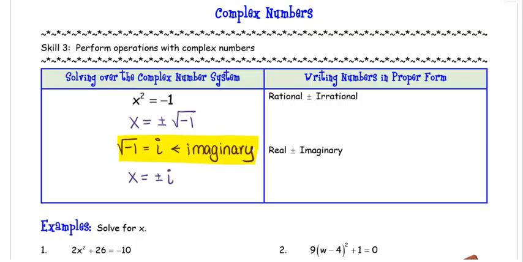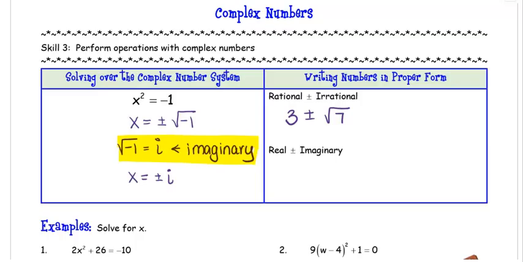Speaking of our answers, I want to go over how we write our answer in proper form. We touched on this a little bit yesterday with the rational and then plus or minus the irrational. Your rational part will always come first. So something like 3 plus or minus the square root of 7. It is always the nice looking number and then the messy looking number.